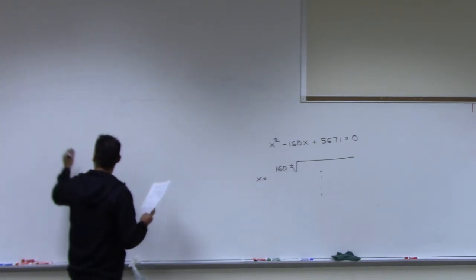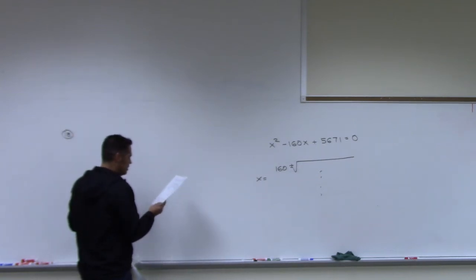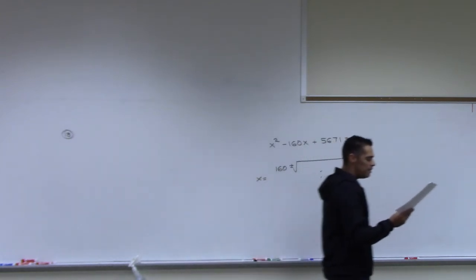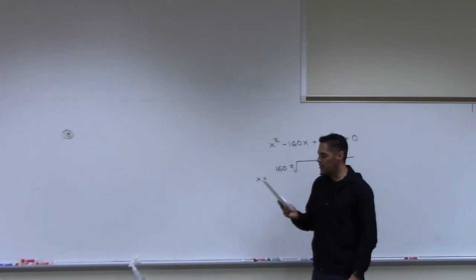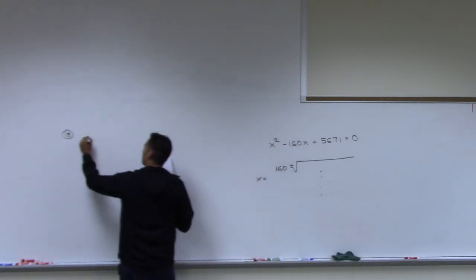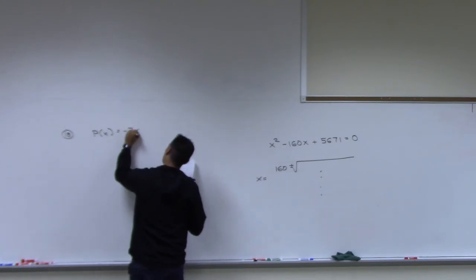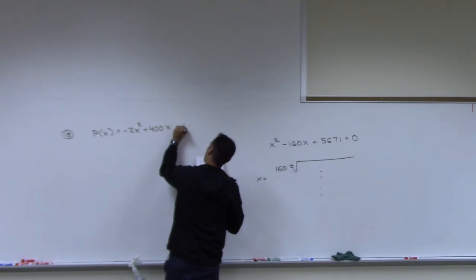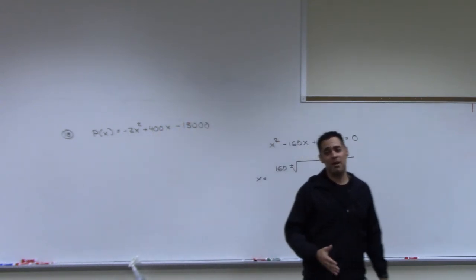All right, number 18. A profit function is given. All right, so they give you this quadratic. Find the number of products produced and sold to yield the maximum profit. So for 18, I'll give you a chance to redeem yourself right now.